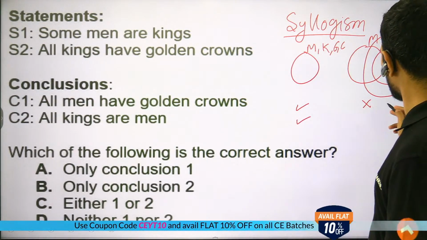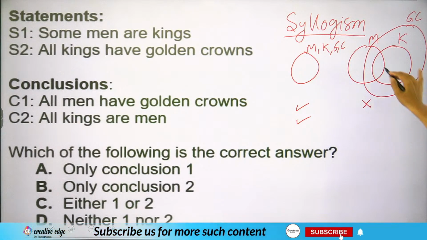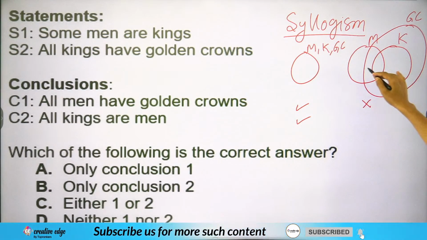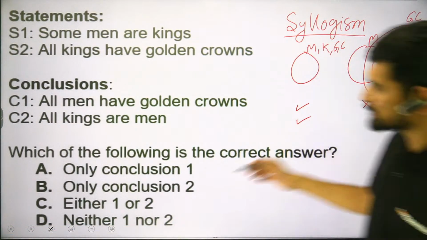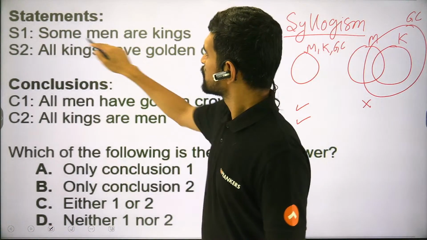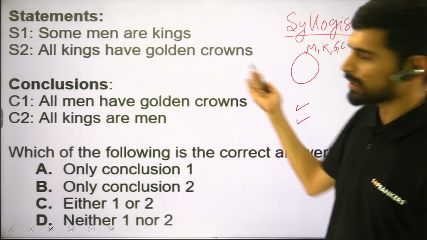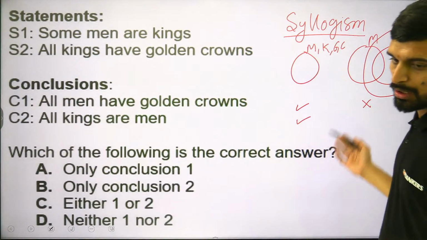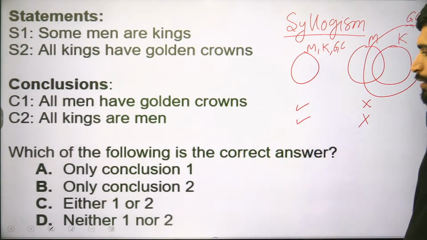True here, but not true here. The statement itself is saying some men are kings, so all kings are men is not possible. And hence this is uncertain.